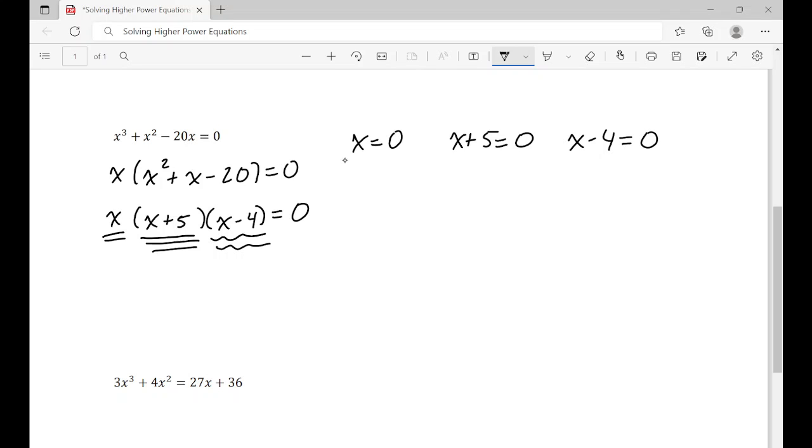Now, first one's easy. x equals 0. Already done for me. Next, I'm going to subtract the 5 over, and I'm going to get x equals negative 5. So there's another answer. And then here I'm going to add 4 over. I'm going to get x equals positive 4. And there's my third answer. So again, I have three answers: 0, negative 5, and positive 4.